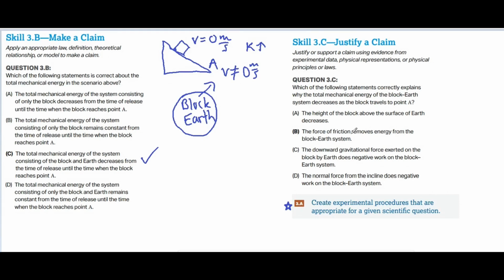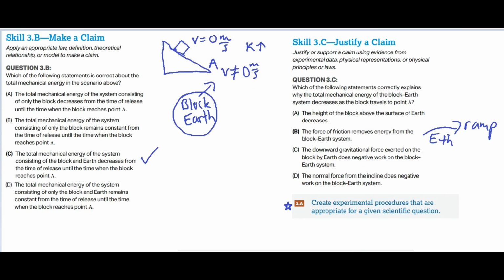B, the force of friction removes energy from the block Earth system. So that definitely sounds like it's true because, like we said, we have thermal energy going into the ramp because of that friction. And then C, the downward gravitational force exerted on the block by Earth does negative work on the block Earth system.